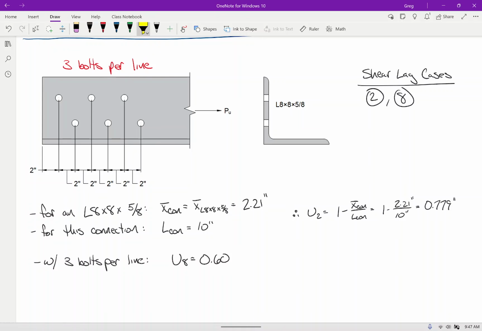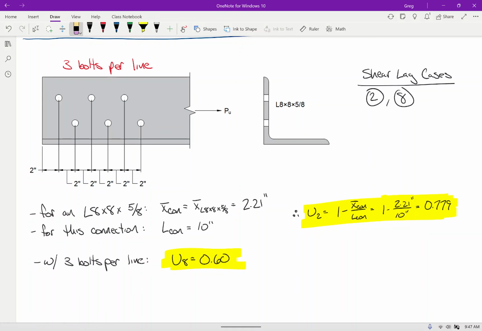Oh, I had a boo-boo, and nobody caught it. It was 0.779, not 0.779 inches. U2 is unitless. The problem asked what is the shear lag factor. It didn't ask what the shear lag factors were, which means from these two, I got to pick one. Which one do I use?